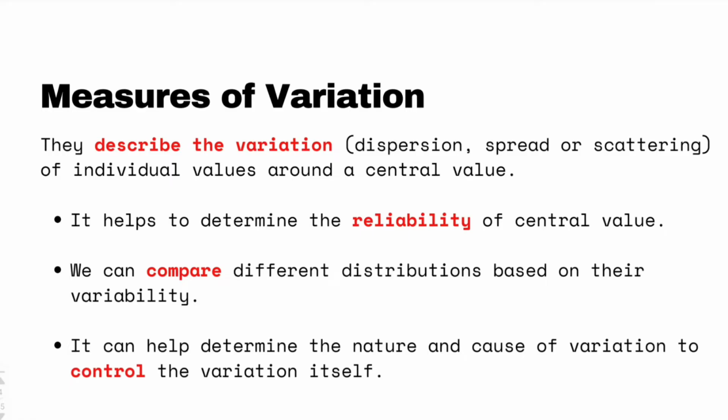The main reason why we are doing this is to find out how reliable our central value is. For example, if our data is highly spread out, dispersed data, with values all around the place, the central tendency measure, like the mean you are finding for that data set, would tend to average out everything.